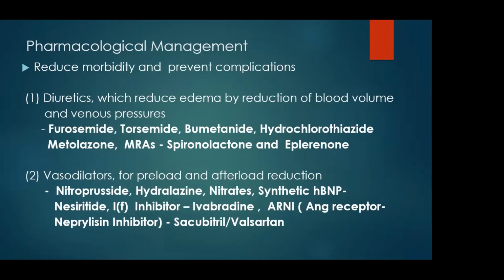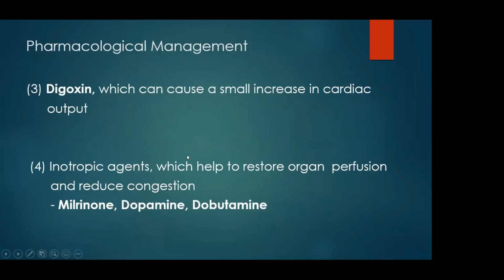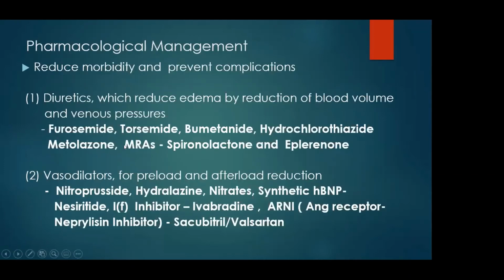So the first and foremost group of drugs which does this is diuretics, which reduce edema by reduction of blood volume and venous pressures. That is furosemide, torsemide, bumetanide, hydrochlorothiazide, metolazone, and so on. And the mineralocorticoid receptor antagonists, spironolactone and eplerenone. Can people mute themselves, please?